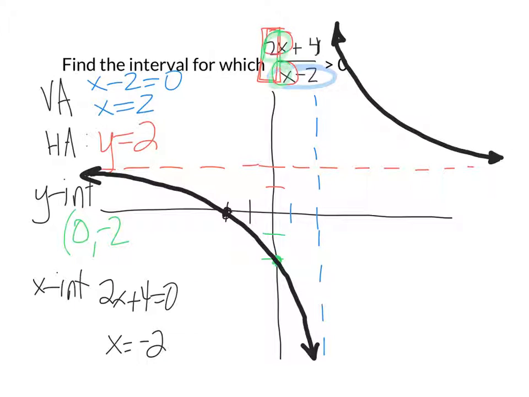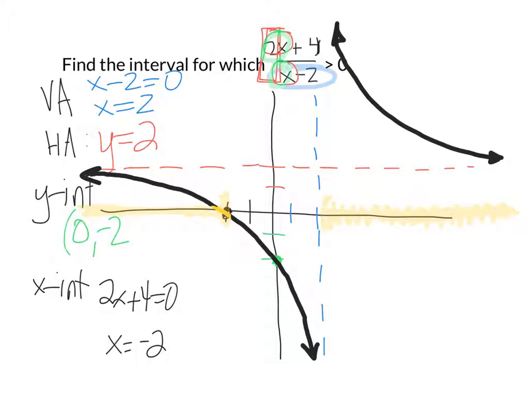We notice that the graph is above the x-axis everywhere to the right of our asymptote. Anytime we have an x here, your y values are above the x-axis. In addition, we have all this stuff up here, where our graph is also above the x-axis. Let's see if I can change the color.